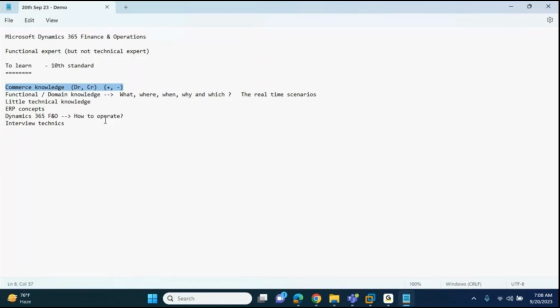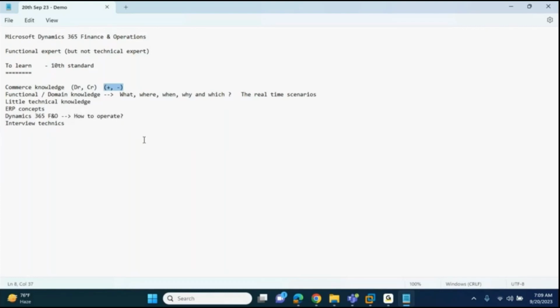If you want to become an accountant, then you need to have so much knowledge. But if you want to become a finance functional consultant, no need of entire commerce knowledge. Whatever you have studied in economics and commerce is not required here. There are so many people who have completed their BTech, they become finance consultants.